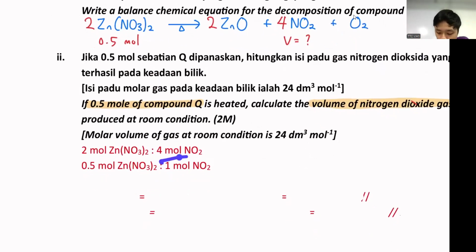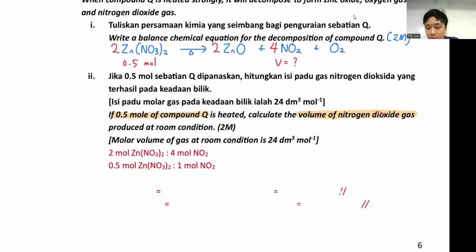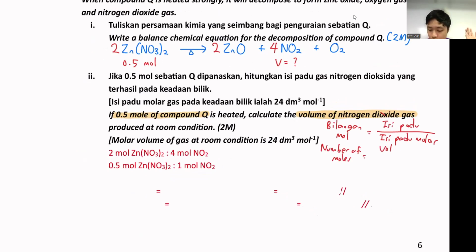It means you have to use this 1 to find volume. Very simple. If you want to find volume, because it's related to volume, the formula in Malay is bilangan mol equals isi padu over isi padu molar, or in English, number of mole equals volume over molar volume.